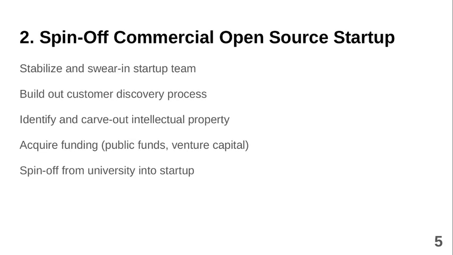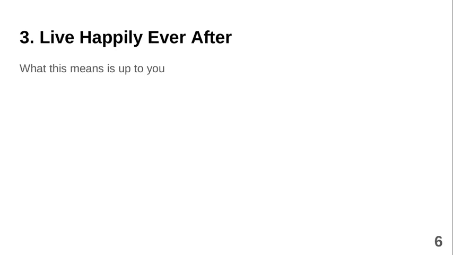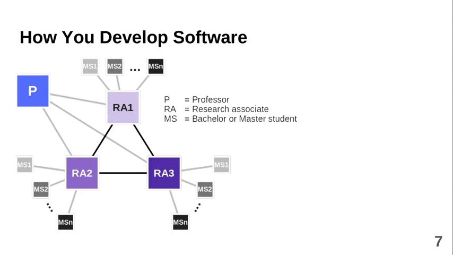Get funding, which I'll talk about a bit more in a second, and spin off and hopefully grow. Hopefully live happily ever after. What that means is up to you. While I support all of that and while I'll be there with you every step of the way, I will ultimately not be in an operative long-term position with the startup. It will be your startup eventually.